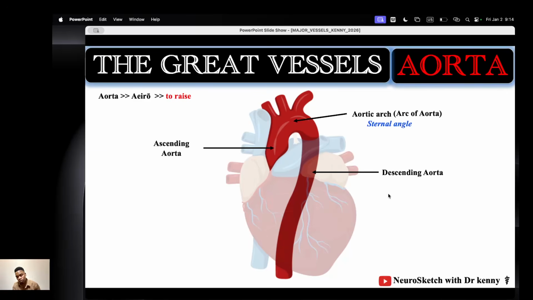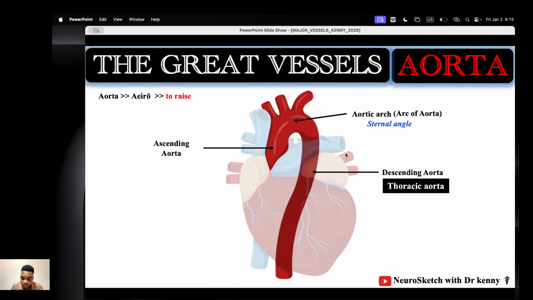The descending aorta is also called the thoracic aorta. If at any moment you hear someone say thoracic aorta, they mean descending aorta, and if you hear someone say descending aorta, they also mean the thoracic aorta. These two words are used synonymously and refer to the same thing.